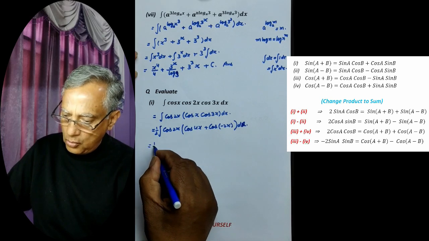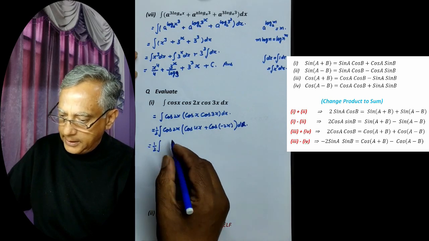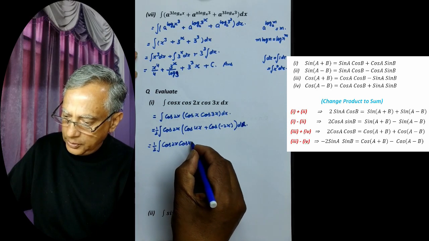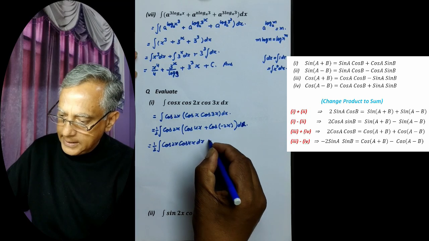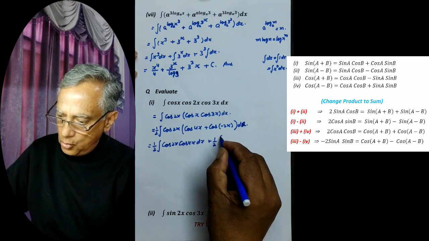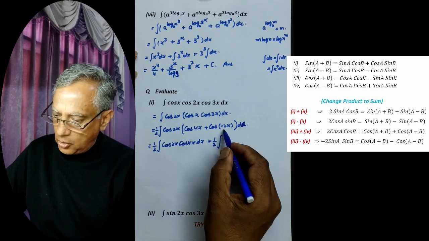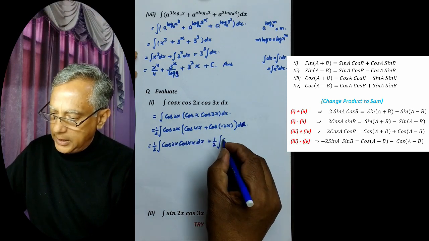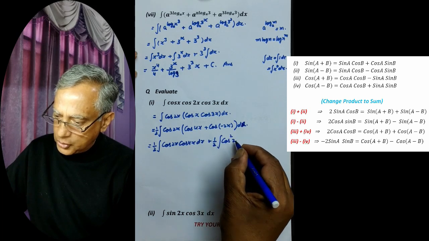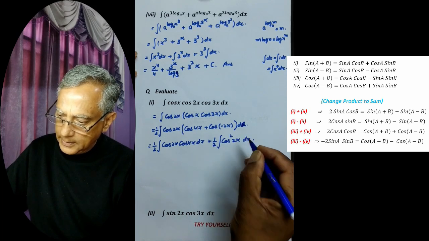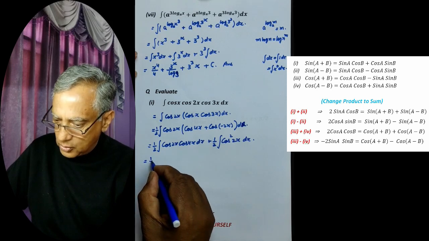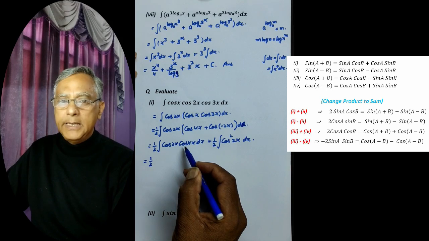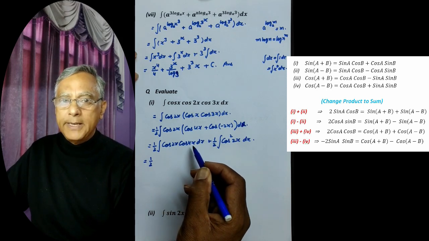This is equal to 1 by 2 integral cos 2x into cos of 4x dx plus 1 by 2 integral of cos of minus 2x is cos of 2x. So this will be cos square 2x. And this is equal to 1 by 2 into, we know 2 cos a cos b is cos a plus b plus cos a minus b.